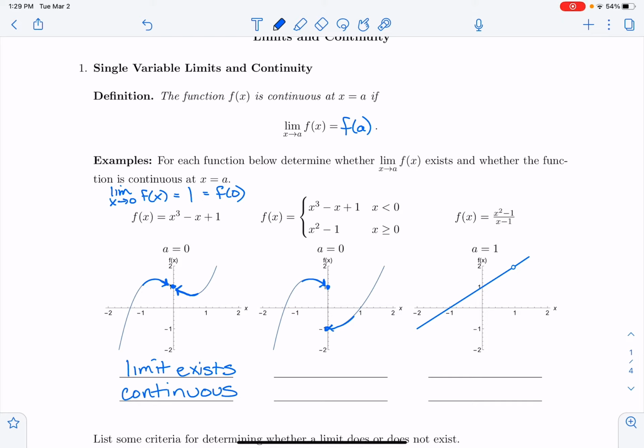And so the limit as x goes to 0 from the negative side of f of x is 1, but the limit as x goes to 0 from the right, from the positive side of f of x, is negative 1. These left-hand and right-hand limits are not equal, so we see that the limit does not exist.